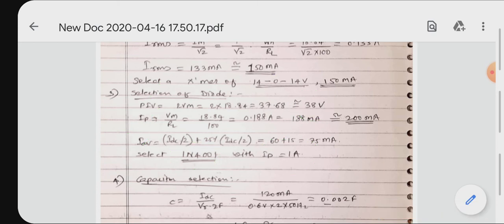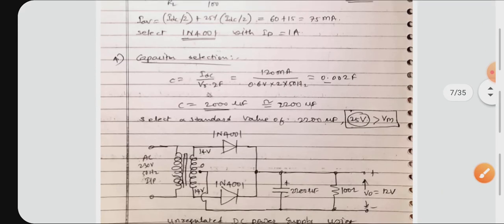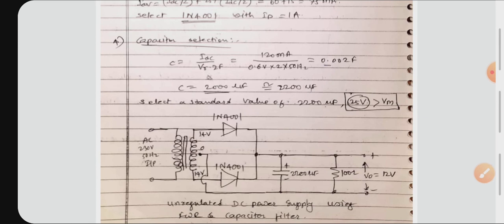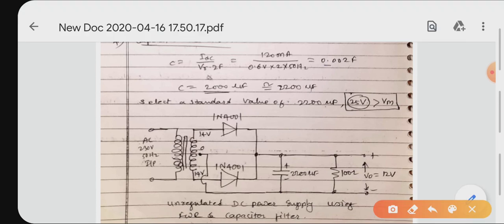Then selection of capacitor. As I told you, you can use the formula C equal to Idc upon VR into 2F. So Idc is given in the problem as 120 milliampere, VR is equal to 0.6 volt, into 2 into 50 hertz is the frequency, so you will get 0.002 farad.